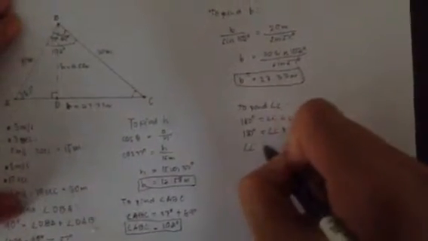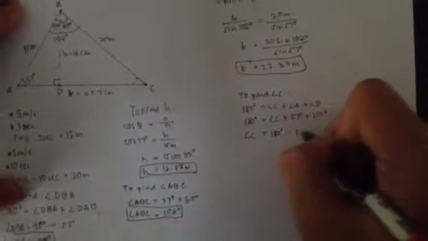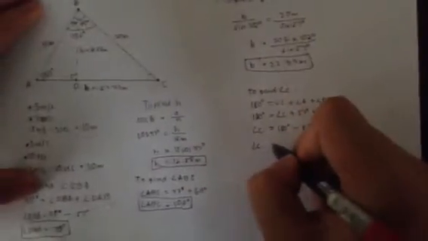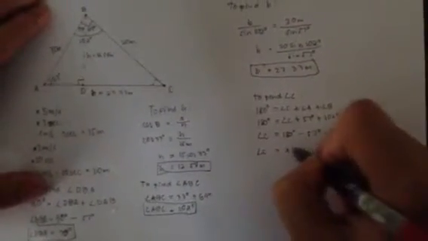So angle C is equal to 180 degrees minus 57 degrees minus 102 degrees, and the value of angle C would be 21 degrees.